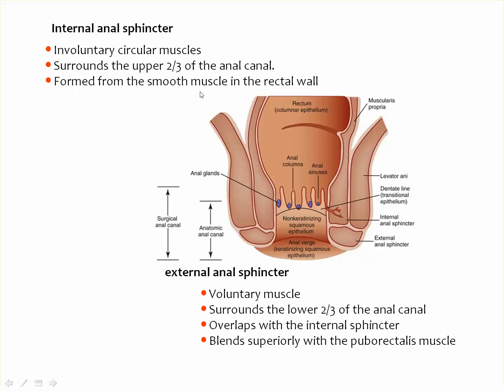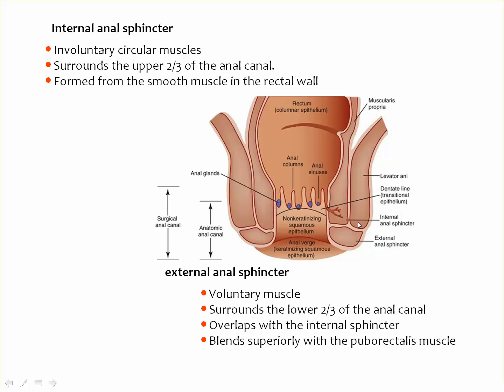But the external anal sphincter is made of skeletal muscles, and it surrounds the lower two-thirds. Then there is an overlap between the internal and the external anal sphincter, and it blends superiorly.